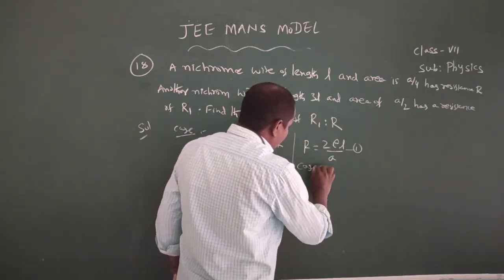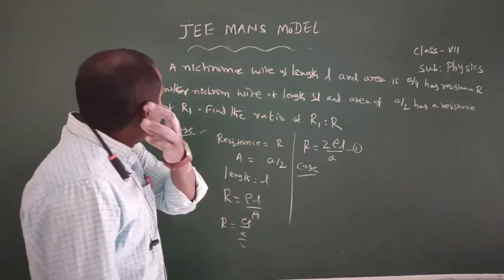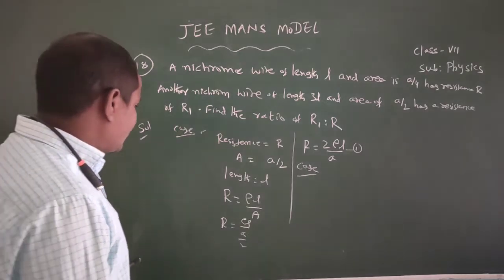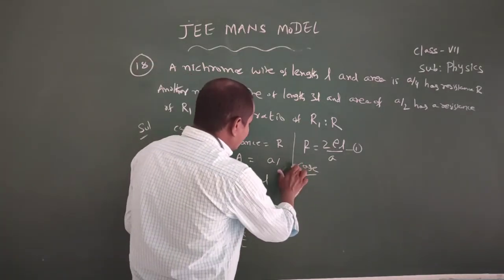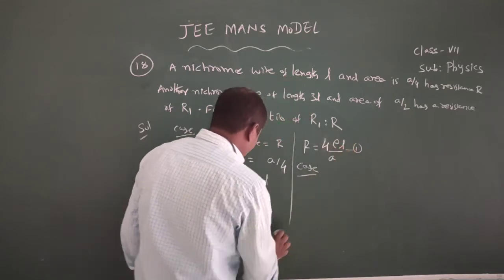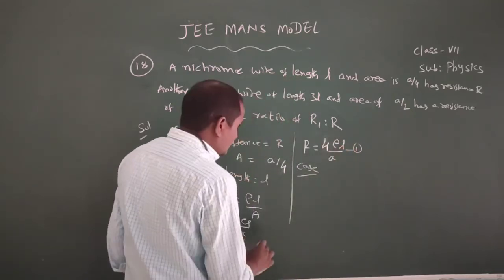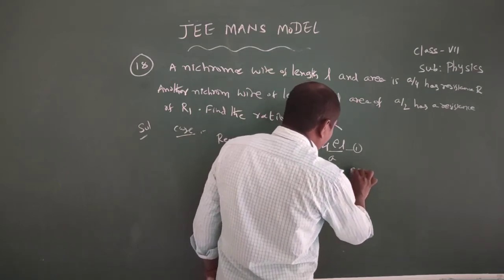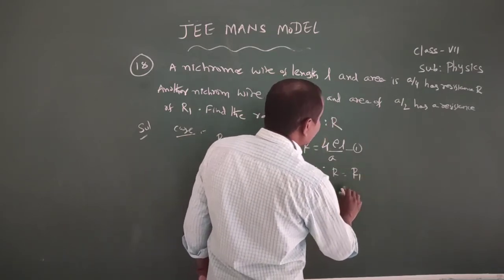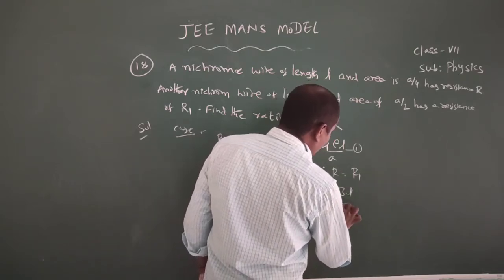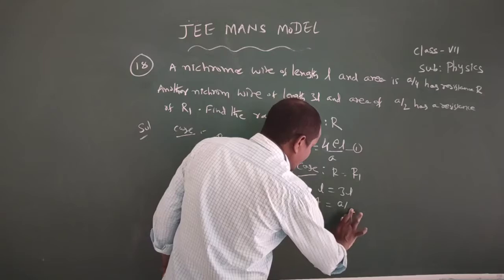In case 2, resistance is R1, length is 3L and the area is A by 2.